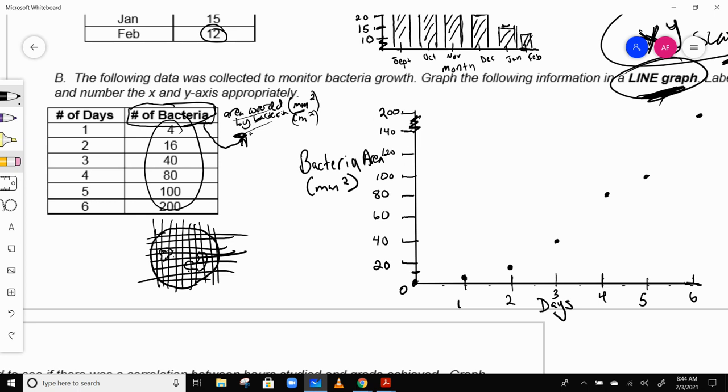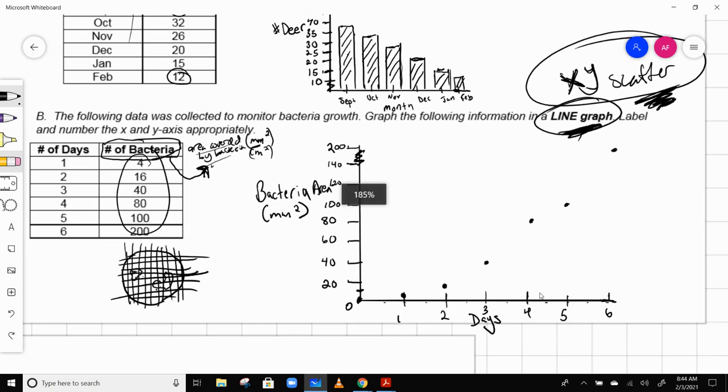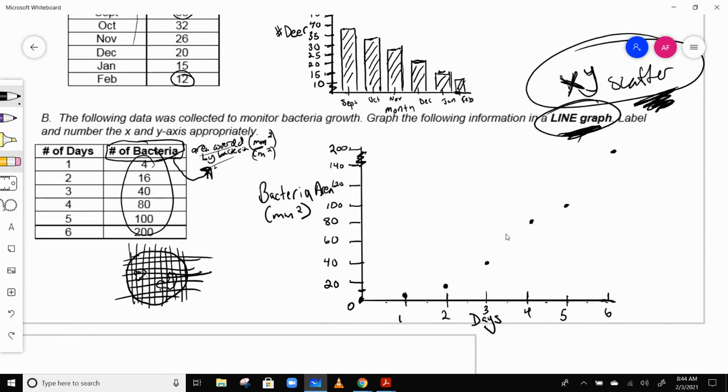Now, typically in a graph like this, you really want to avoid breaking the scale because it's really going to screw up the trend. In a line graph, we're typically looking for a trend, right? And this is going to be an exponential growth. That's how bacteria grows, and we want to see that.